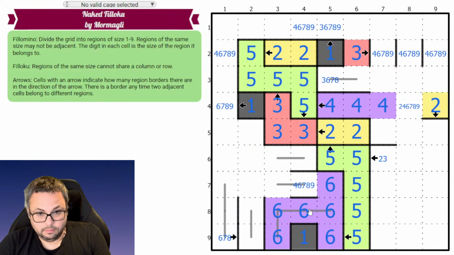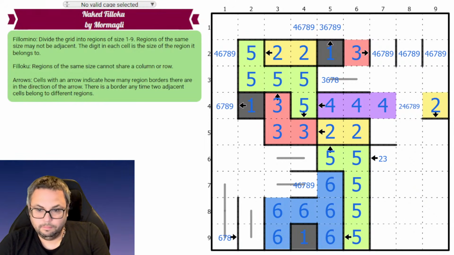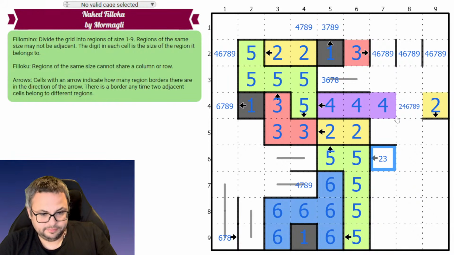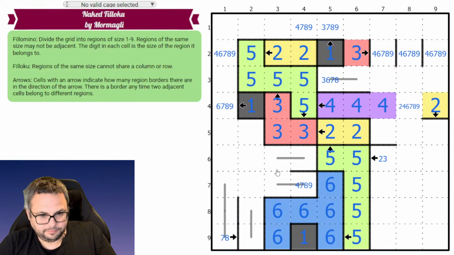Oh, apparently I need a different color for 6. Okay, so this is not a 6, that's not a 6, that's not a 6. That's not a 6. This thing grows now.